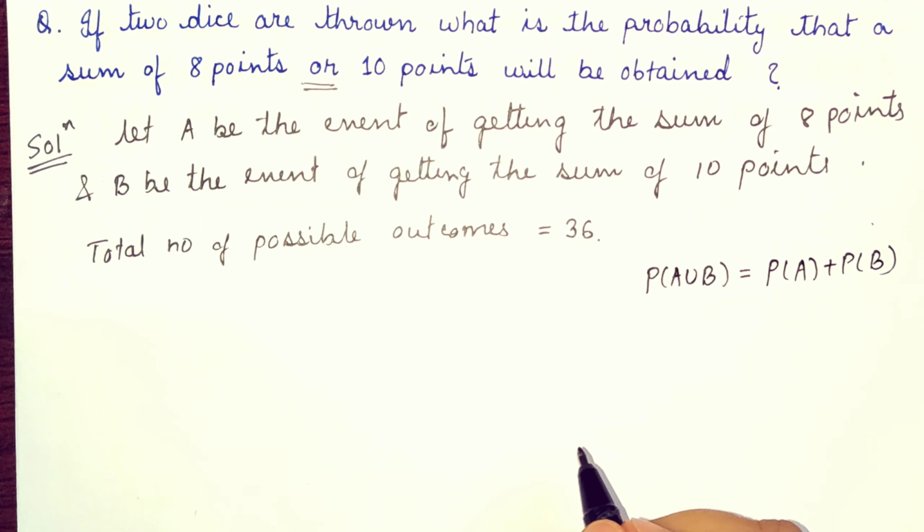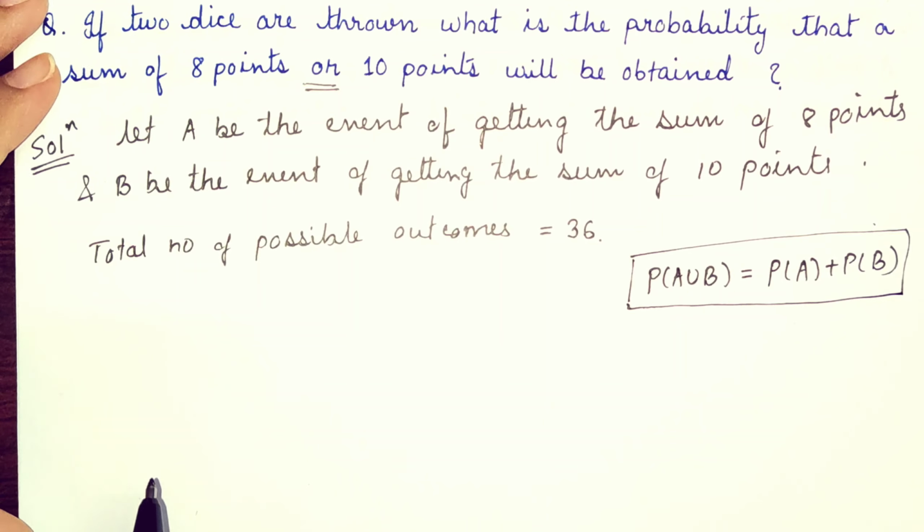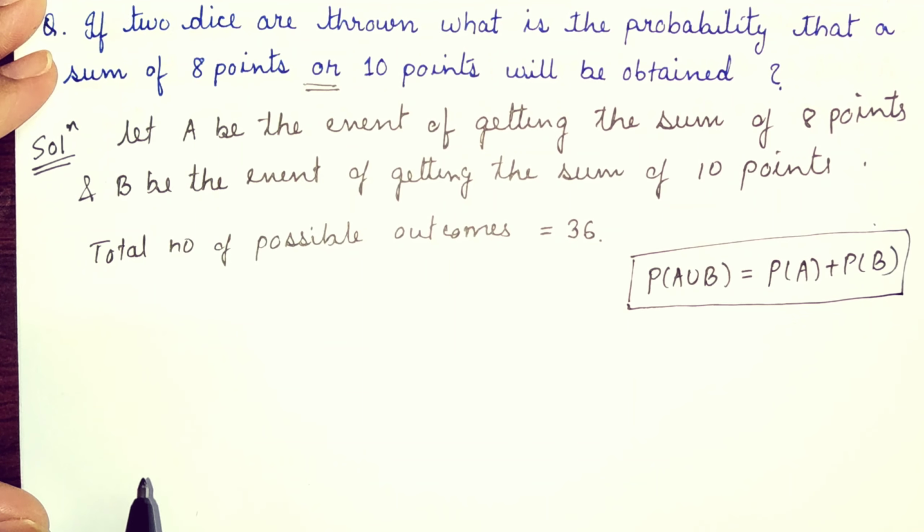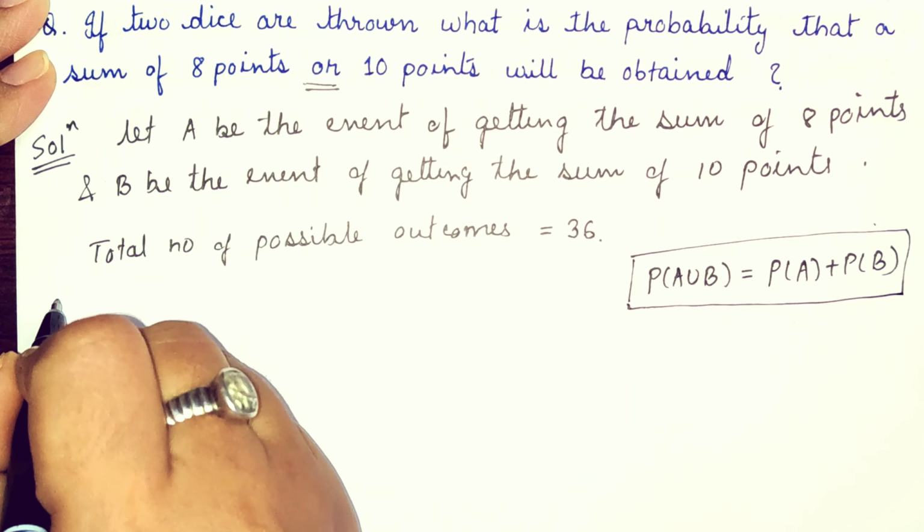This is the formula of the theorem of total probability, or addition of probability. If two events are mutually exclusive, then we can use this formula. We will find all the possible outcomes favorable to events A and B.